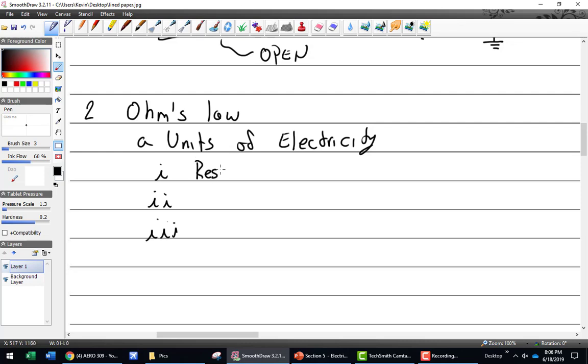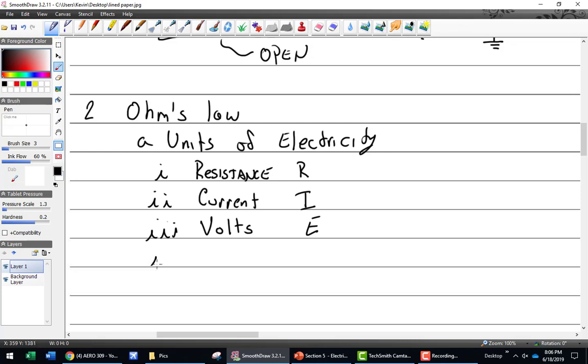Resistance, which was represented by the letter R. And I for current. And what? E for voltage, the big letter E, for electromotive force, if you will.